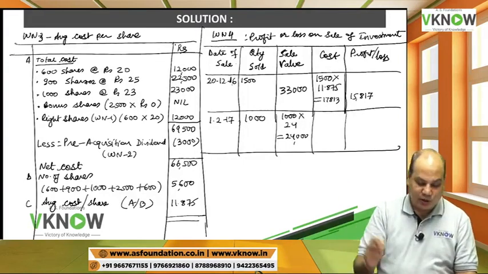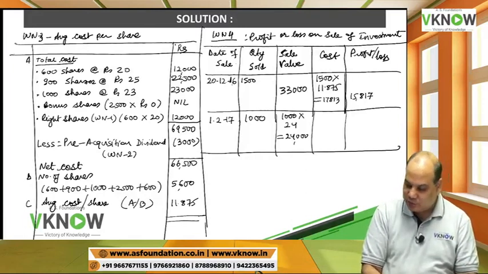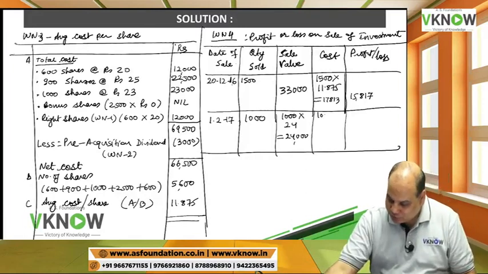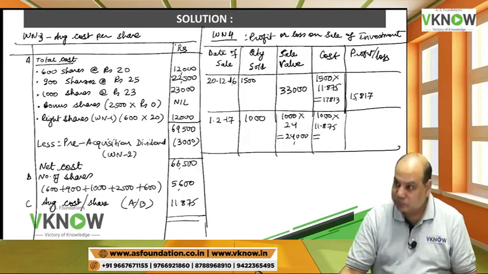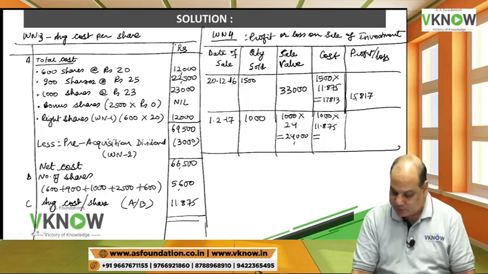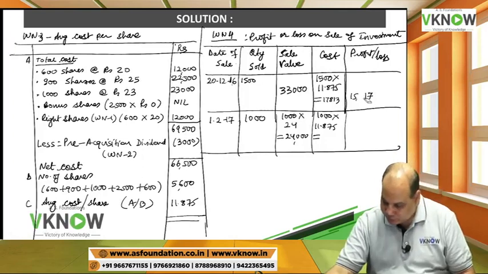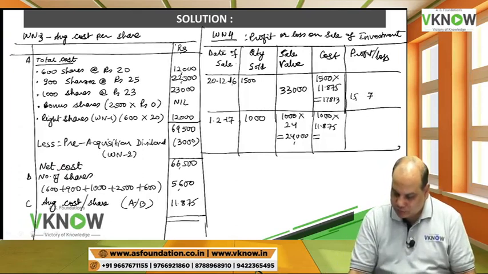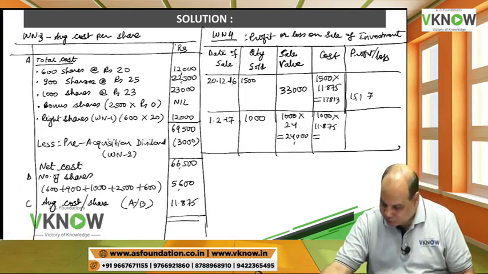I also know mathematics. 1000 into 24. Cost will be 1000 into 11.875. Which one? 15,187, previous one. You are right.